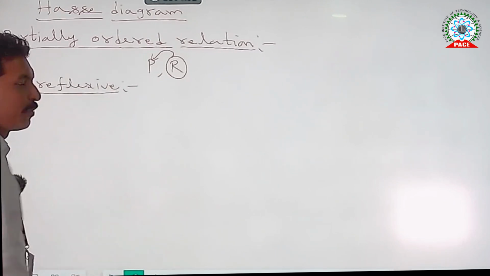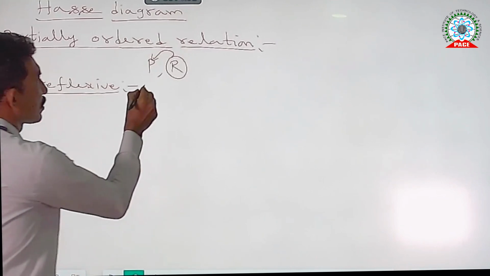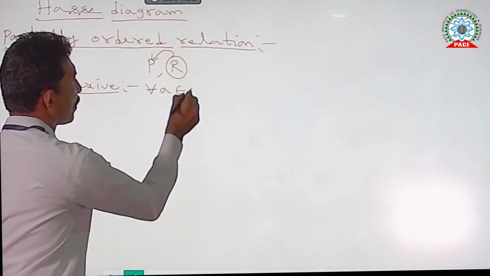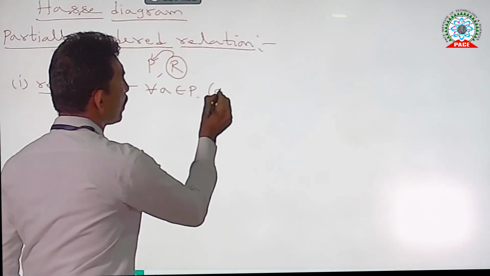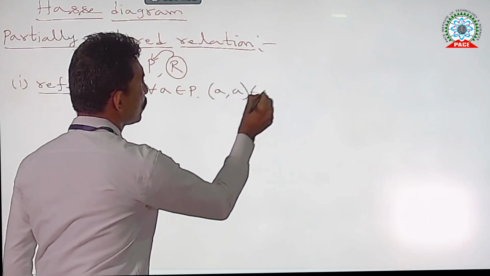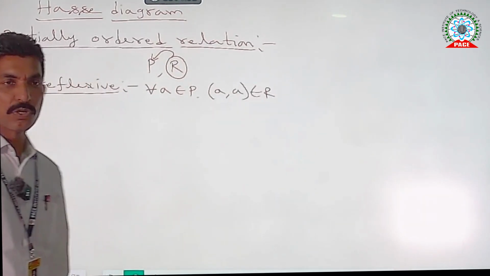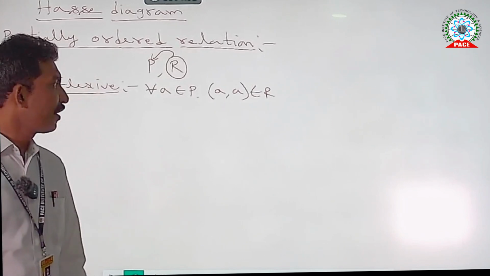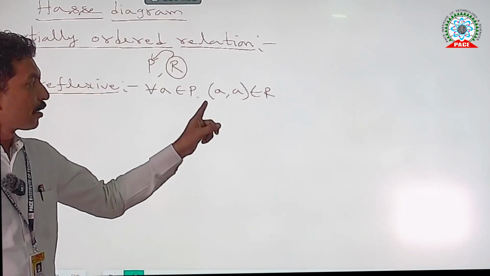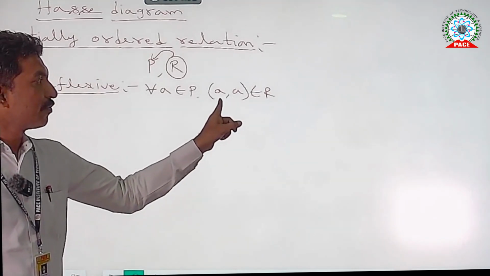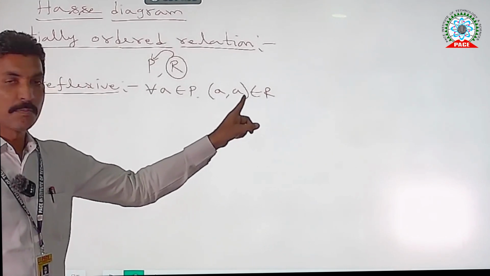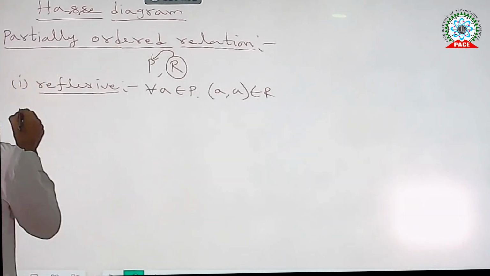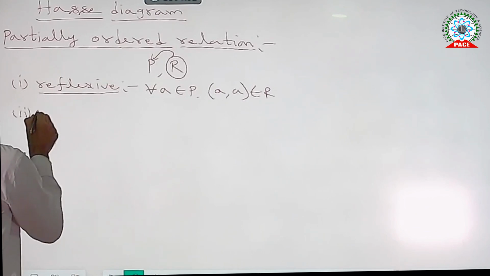Reflexive means for all elements A belongs to capital P, the ordered pair A comma A belongs to capital R. So reflexive relation means for every element of P, the ordered pair A comma A belongs to R.